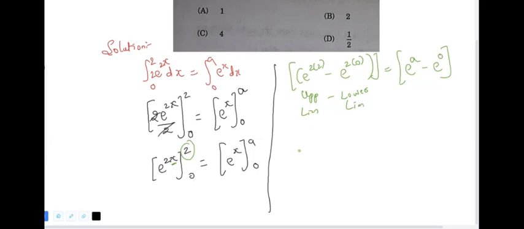So if you simplify this, we get e to the power of 4 minus e power 0 is equal to e power a minus e power 0. We can see e power 0 is the same on both sides, so it gets cancelled. e power 4 is equal to e power a. So a will be equal to 4. Hence the value of a is 4.